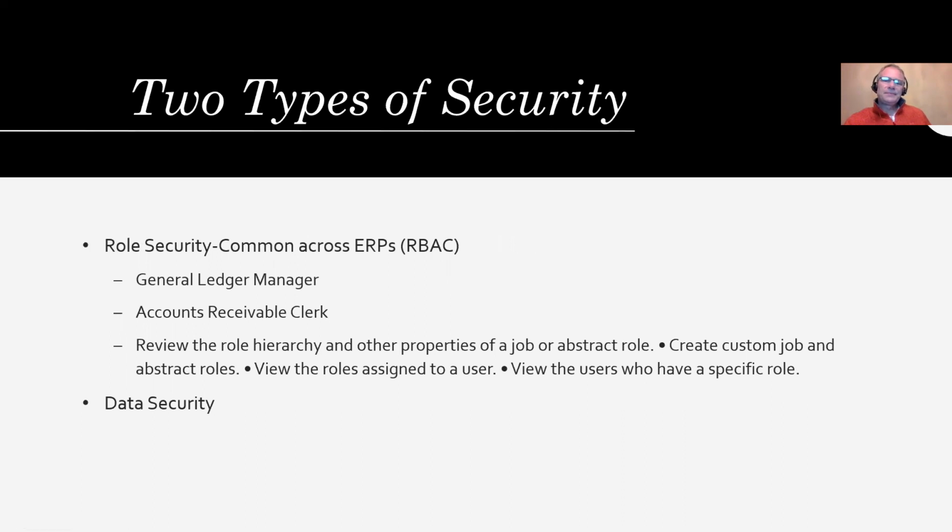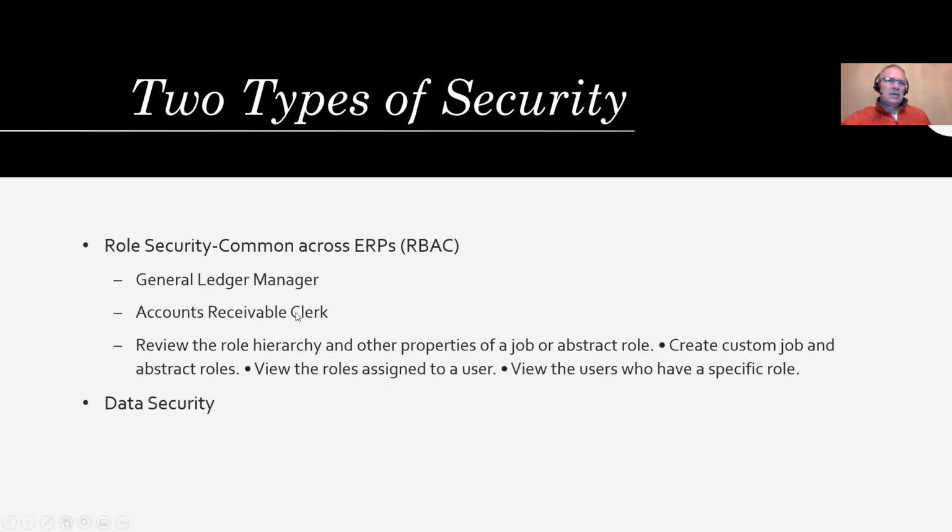I know in Cloud and EBS, there are two types of security. One is role-based security, again to enforce segregation of duties. Examples: the general ledger manager, the accounts receivable clerk.